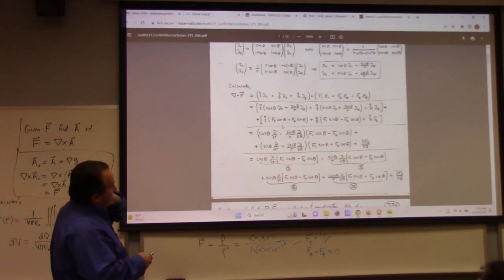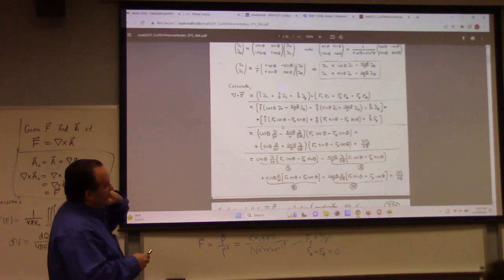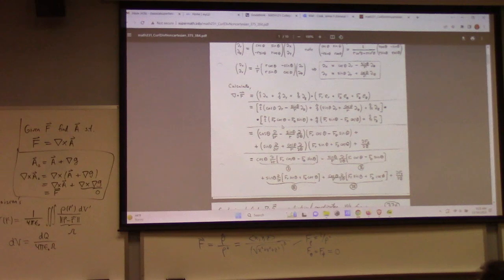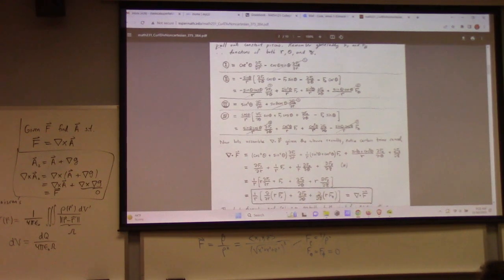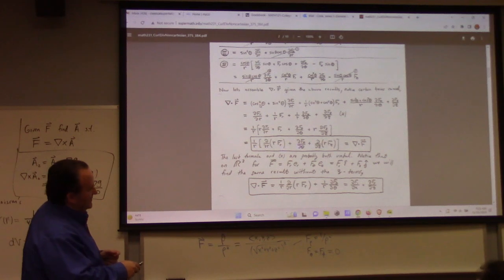Essentially there are two things going on. One is you have to write your vector field in the spherical basis, or the cylindrical basis in this case. Then you have to convert your derivatives to r and theta derivatives. It's a little bit of work, but it's straightforward. It's essentially just chain rule. Anyway, here's the divergence in cylindrical coordinates.